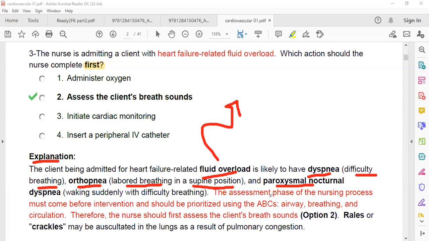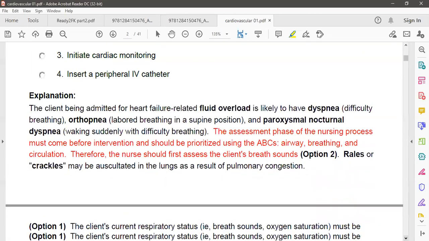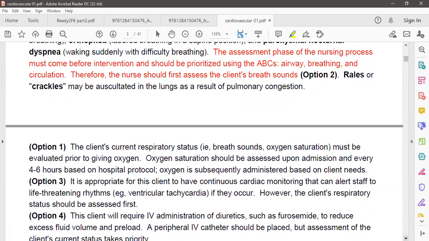The assessment phase of the nursing process must come before intervention. What next? I'm going to read the red line first.